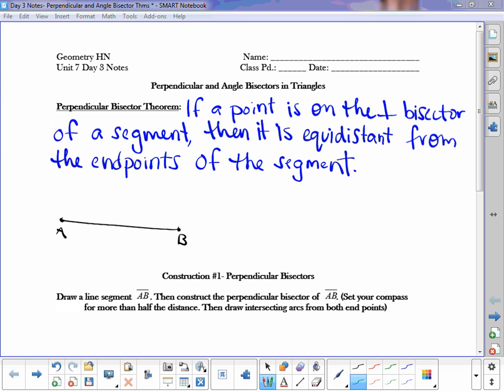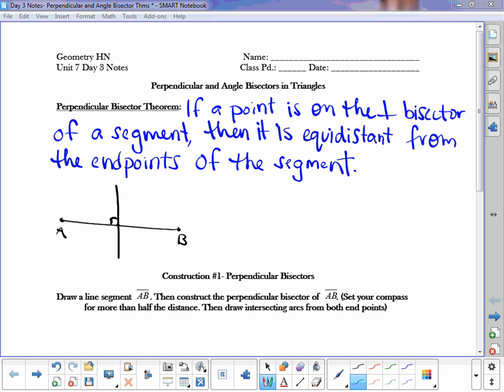Remember, it should meet at its midpoint and be perpendicular to that. Alright, so this is our starting point: we have a segment with its perpendicular bisector.